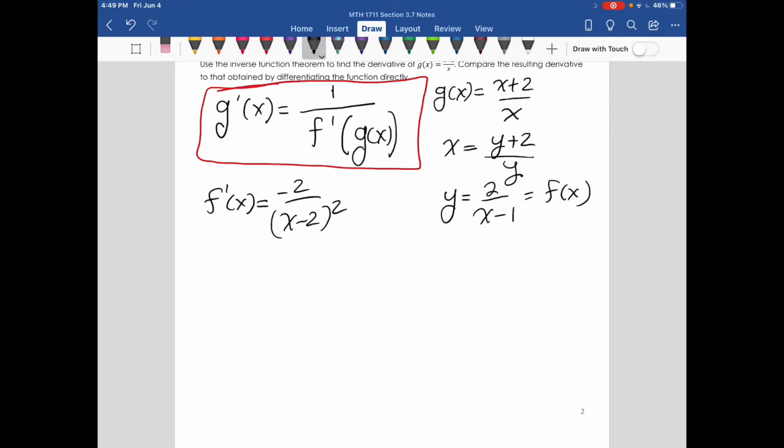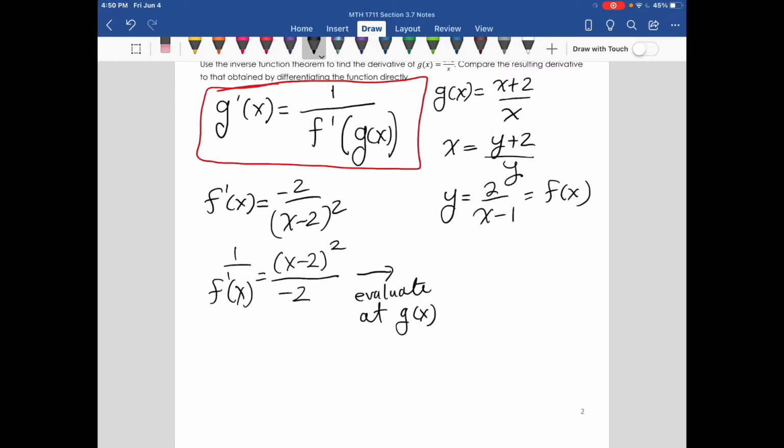So I'm going to flip the derivative upside down. So I have x minus 2 squared over negative 2. That's the reciprocal of the derivative of f.